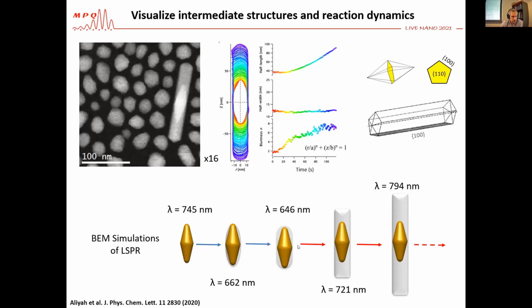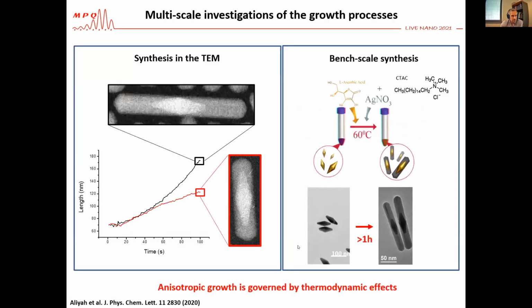Now, something very interesting with the multi-scale investigation approach that we have developed is that we can have a new vision of the kinetics and thermodynamics effects on the growth process. When you observe the synthesis in the TEM, because the growth is also driven by radiolysis, the growth process is very fast.